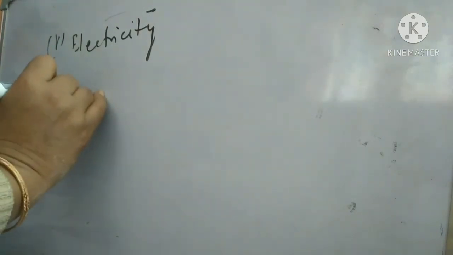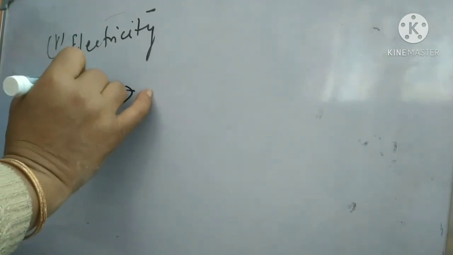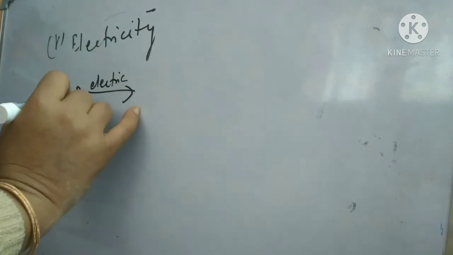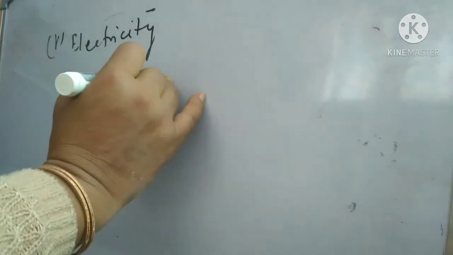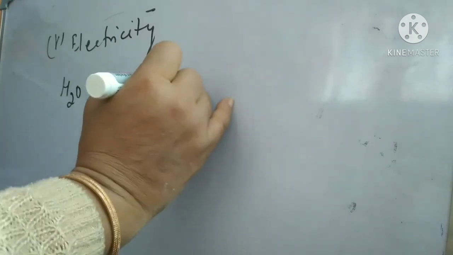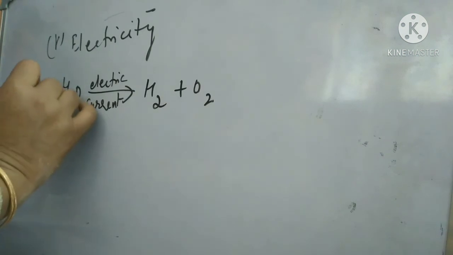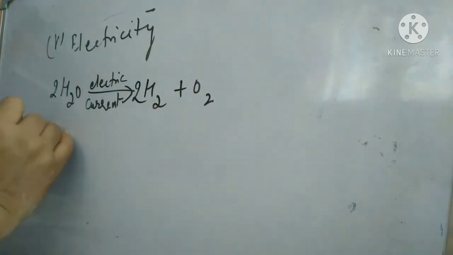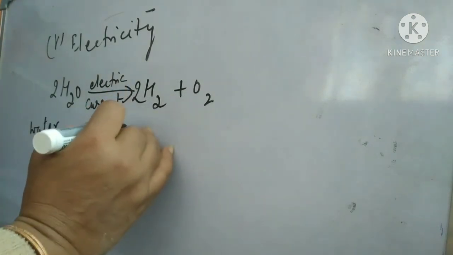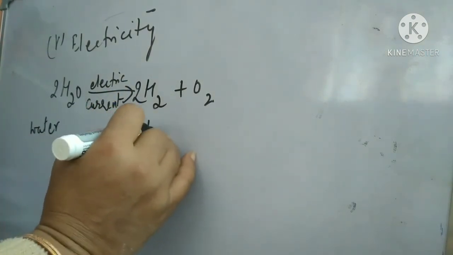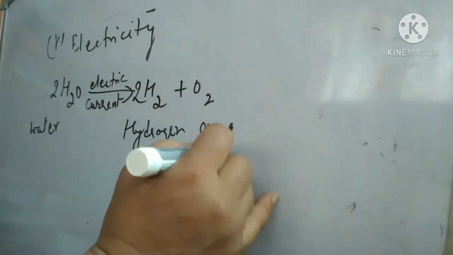So when electric current is passed through water, it decomposes into its elements, that is hydrogen and oxygen. So this is water, acidified water, this is your hydrogen gas and this is the oxygen gas.